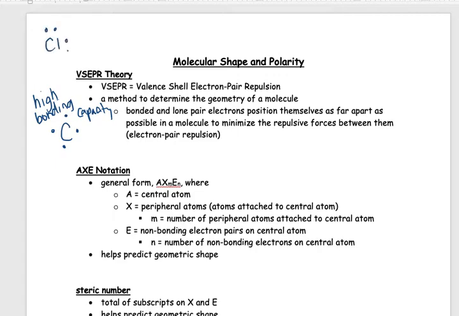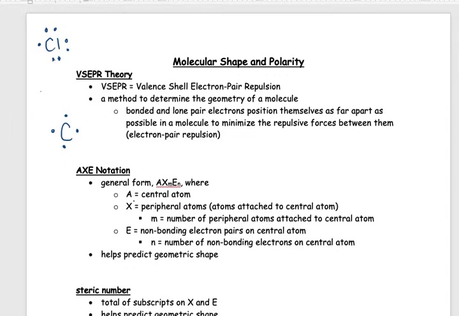Chlorine has a low bonding capacity because it only has the one spot where an atom can come in and bond, whereas carbon has 4 spots where it can bond. So the central atom will always be the one that has the highest bonding capacity of all the different elements involved in the compound.